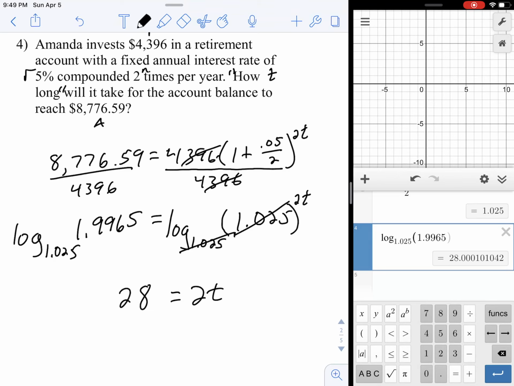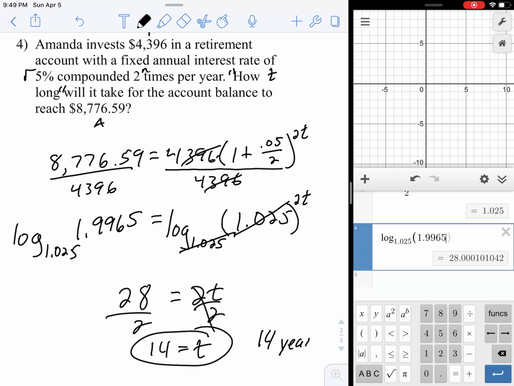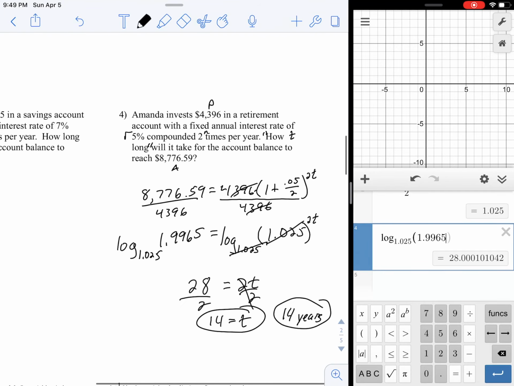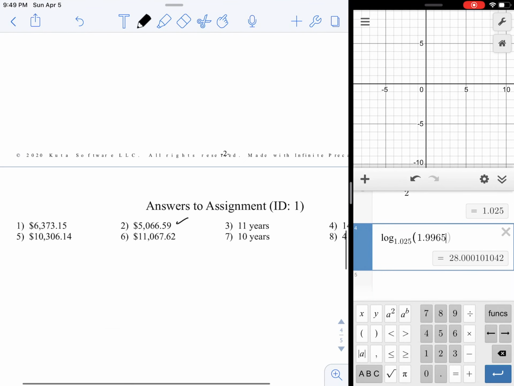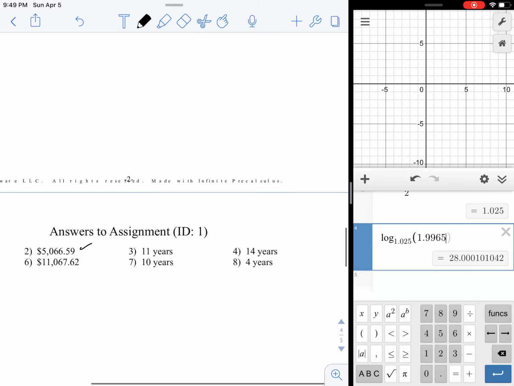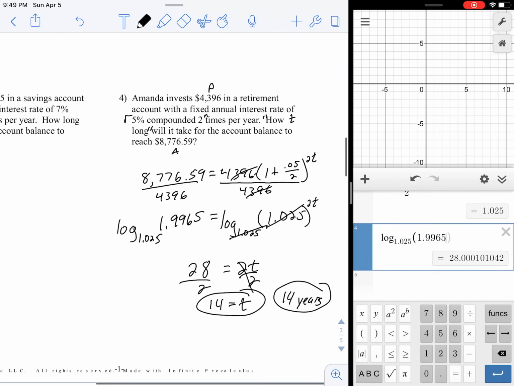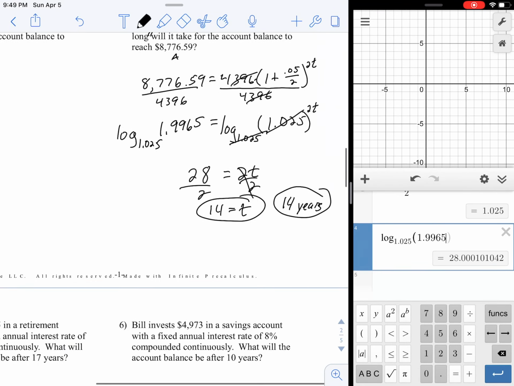We can round that off to an even 28, I think. I mean, we can do 28.0001, but next when we divide by 2, we're going to get 14 years, so we'll call that close enough, or 14 years. Remember back in the day where you had to always label your answers? So there we go. Let's check number 4. Make sure that's right. 14 years. Brilliant. So there's that one.